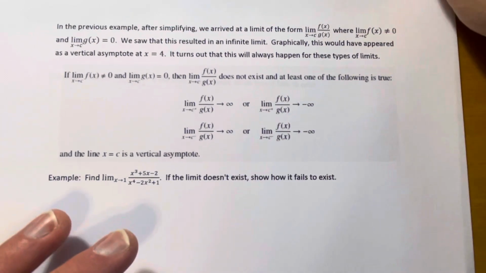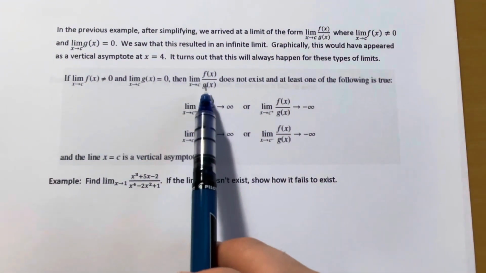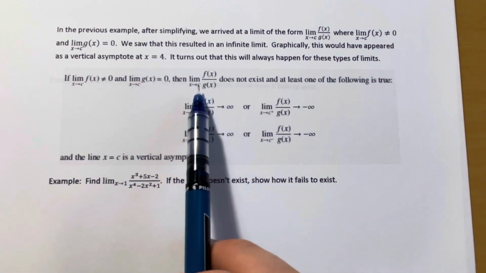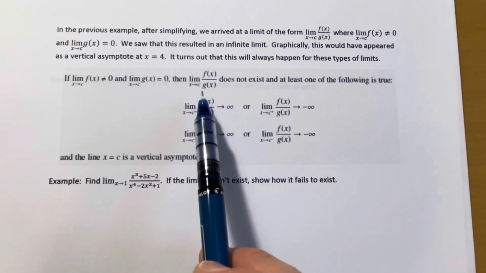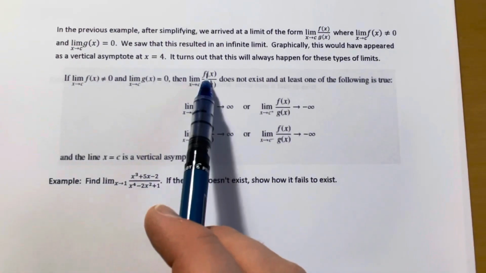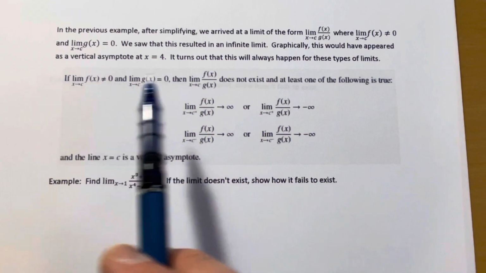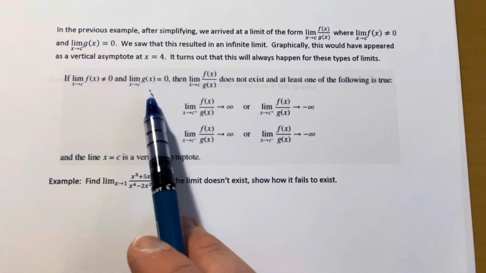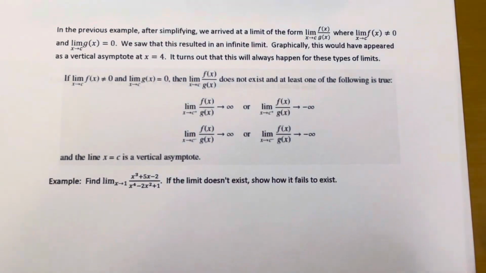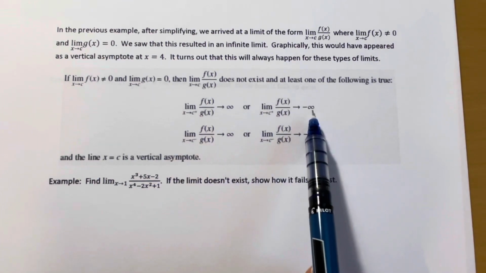We can generalize what happened in that example with a general rule here. If we're looking at a limit of this type, where it's the limit as x approaches c of a function over another function, and if the numerator is going to some non-zero number as x goes to c, but the denominator is going to 0 as x approaches c, then in any of those cases, we will always have a limit that approaches either infinity or negative infinity.